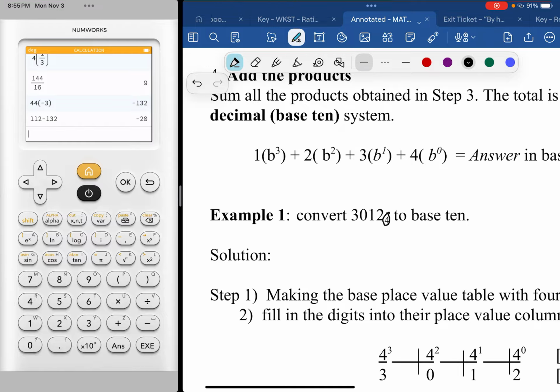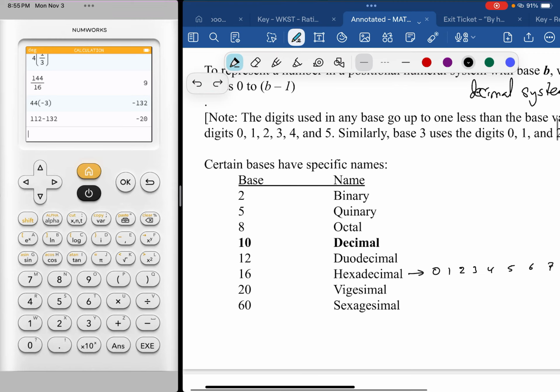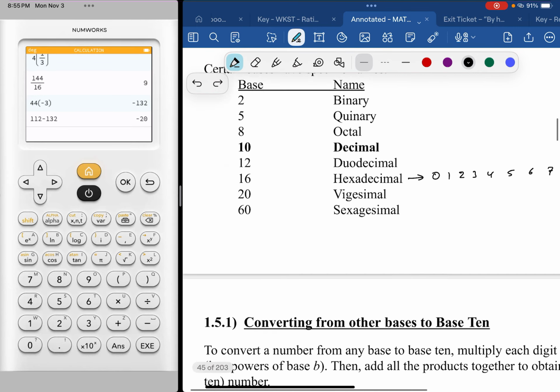All right, so going back to my table here, we have binary base 2, quinary, depending on how you pronounce it, that would be base 5. I want to say it's quaternary for base 4, but I could be wrong about that. Then you have octal, decimal, duodecimal, hexadecimal, and so on.